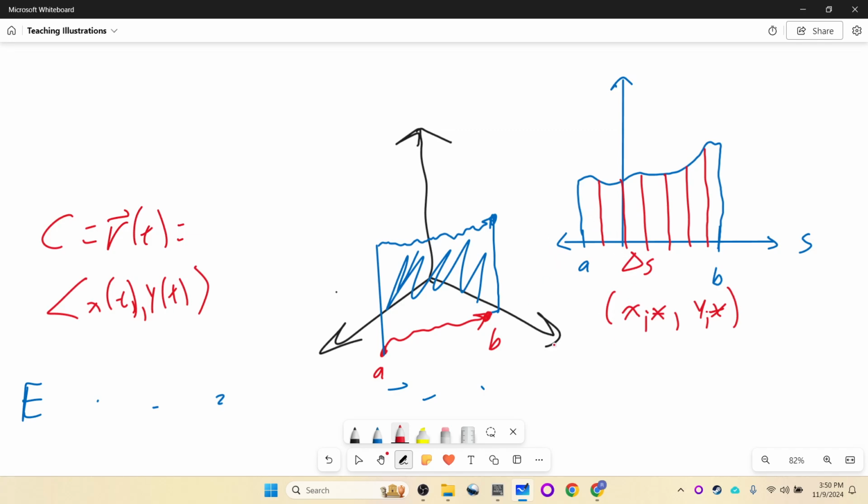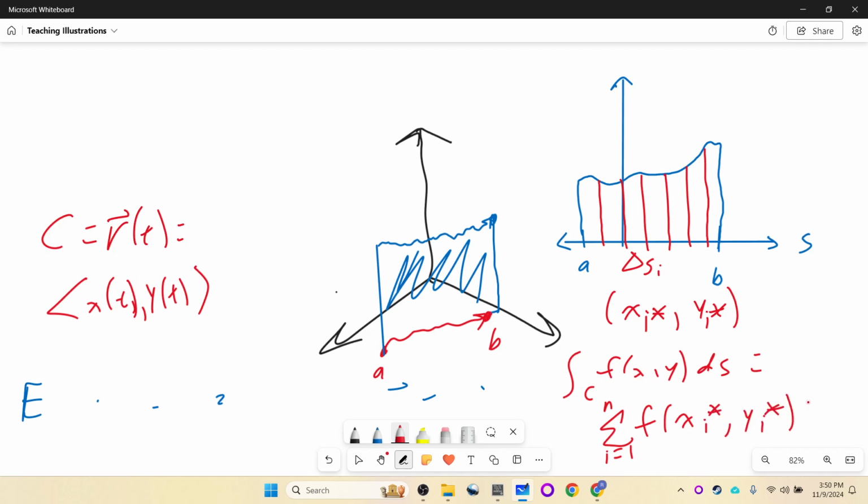And so then what we would get is the integral f of xy ds. Well, we would start as usual. We would have the sum from i equals 1 to n. Now we call this delta s i, although we usually think of all the delta s as being the same. f of xi star comma yi star delta s i.